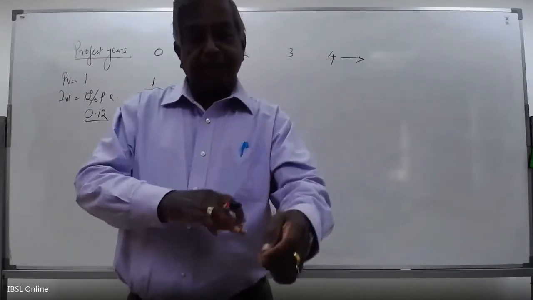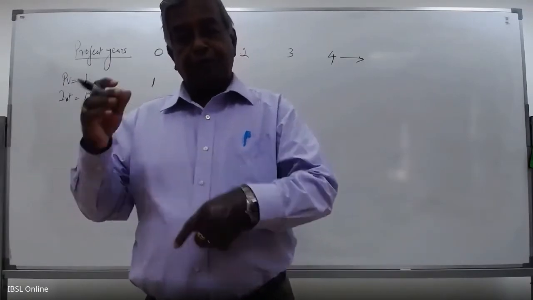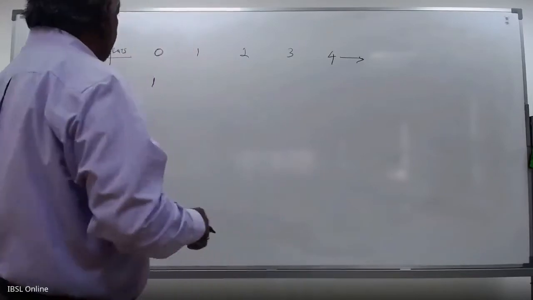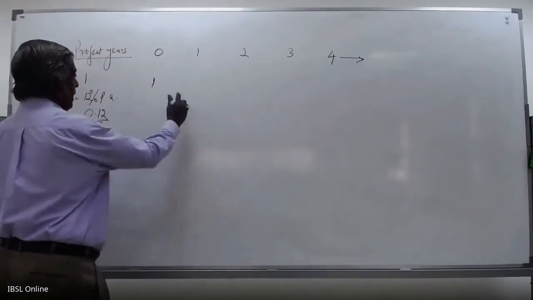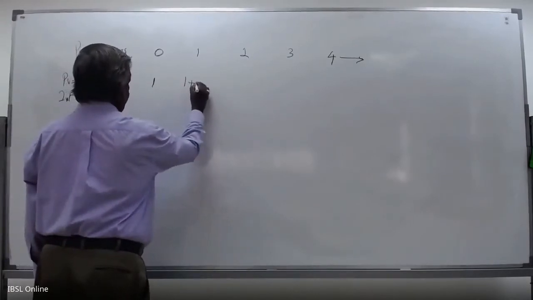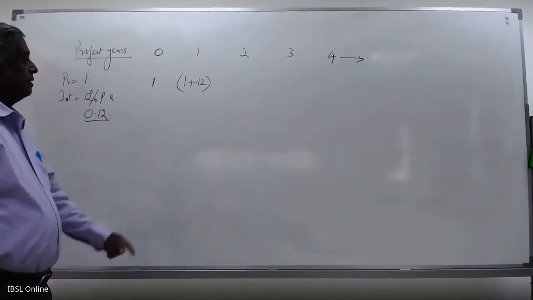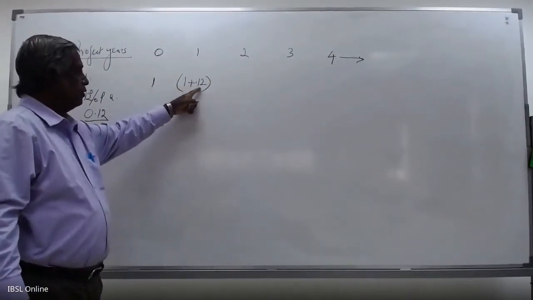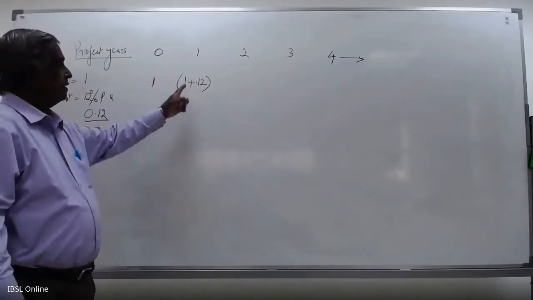So with the interest, the capital will become 1 plus 0.12. In the first year, 1 rupee becomes 1 plus 0.12, the capital of 1 rupee plus the interest earned on it.